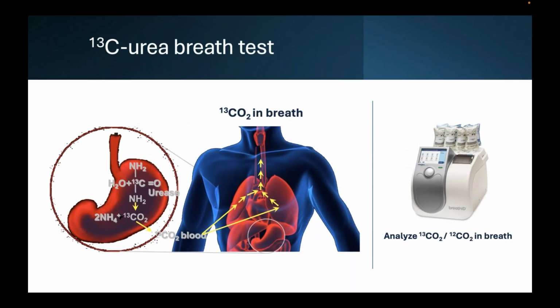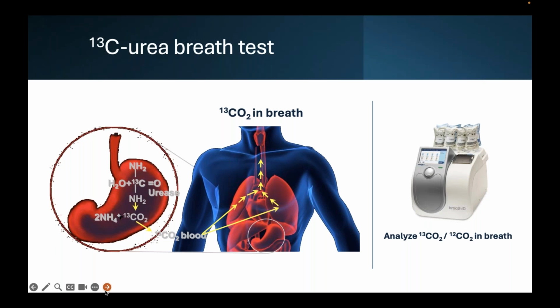Okay, this is the urea breath test and the basis behind this. So on the left, you can see what's going on in the stomach. So the patient here will drink a solution of citric acid and urea, chemically synthesized urea. In the urea, the carbon atom of the urea is labeled with C13 instead of the normal C12.